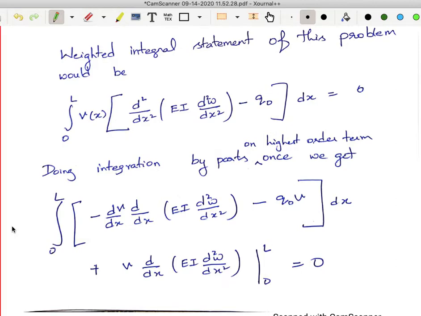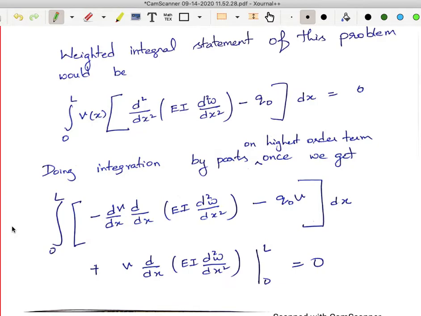Sir, what if the highest order is an odd number? Highest order will never be odd. In any physical problem that you take, you are always going to end up with even order differential equations. In case you have some weird formulation in which you get an odd number, then you can still do the weak form, but it will not have the same order derivatives for the weight function and field variable.